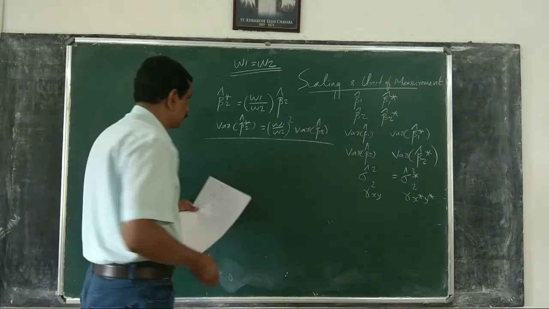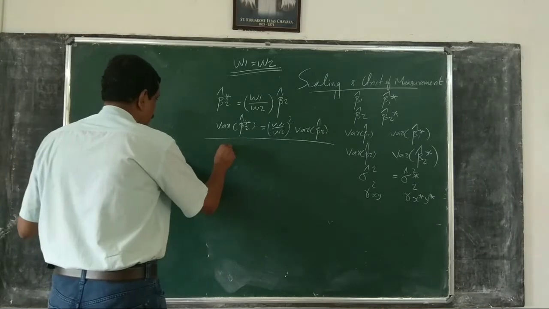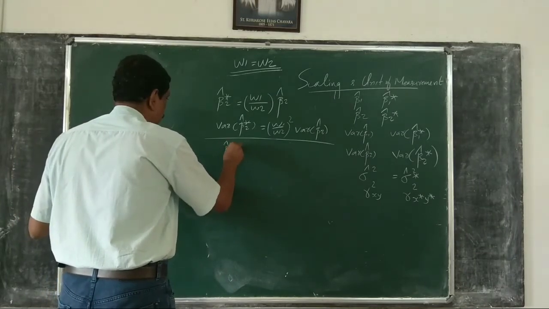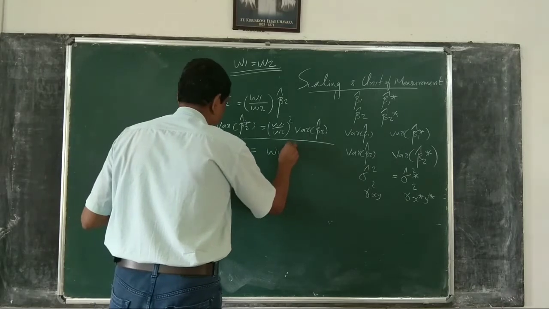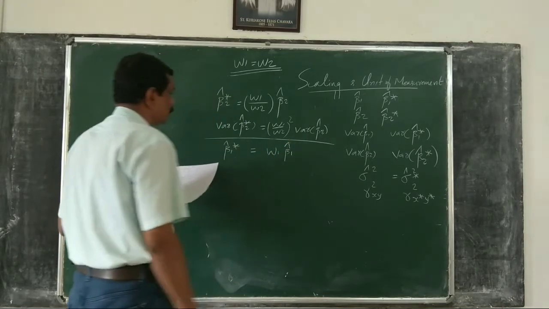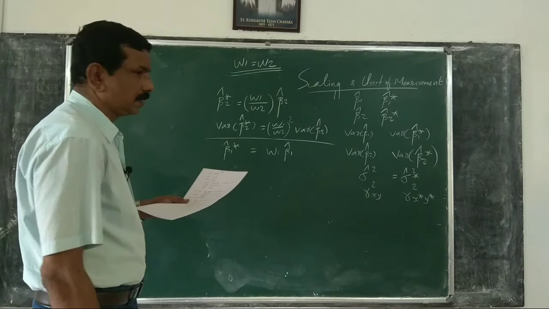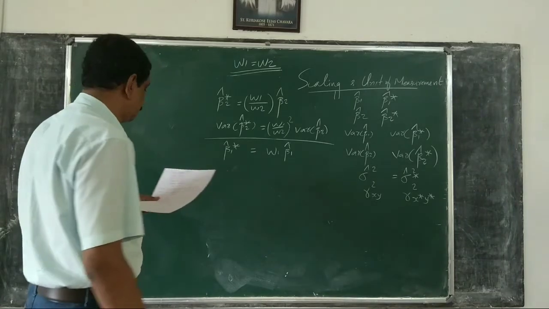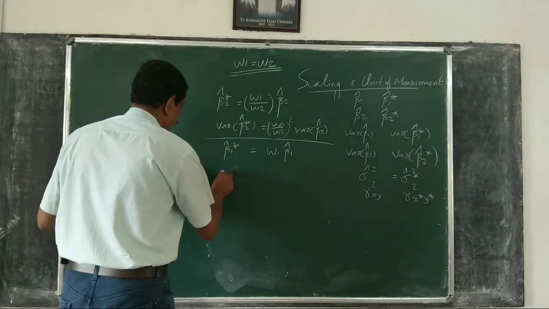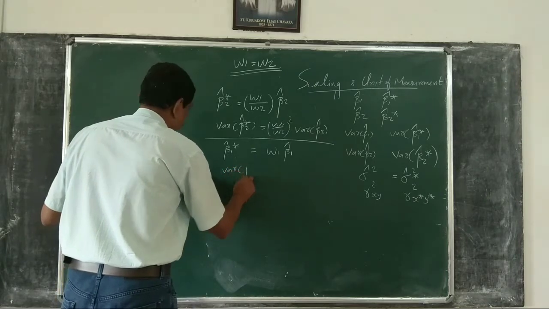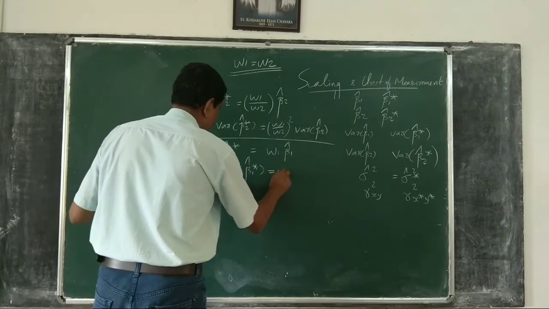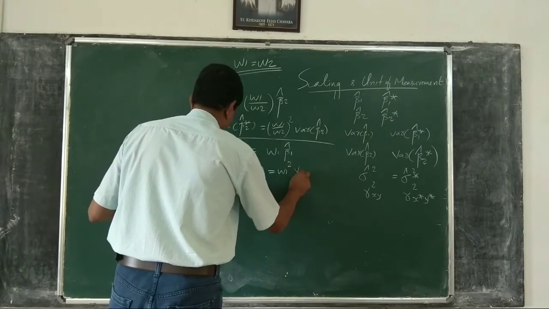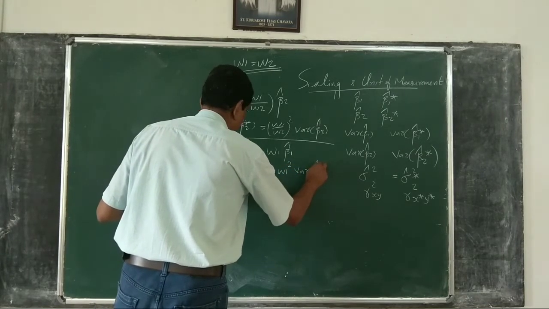Now what about the intercept? Beta hat 1 star is equal to W1 into beta 1 hat. And variance of beta hat 1 star is equal to W1 square into variance of beta 1 hat.